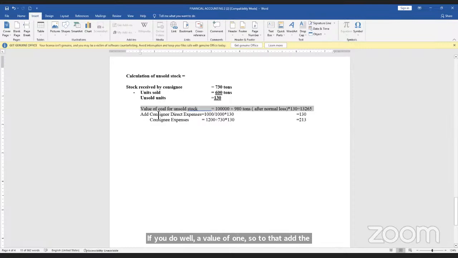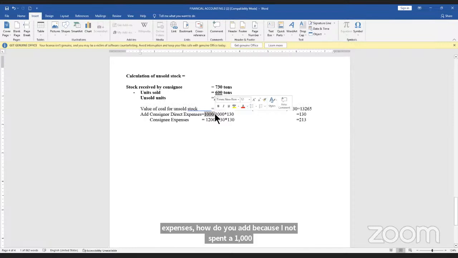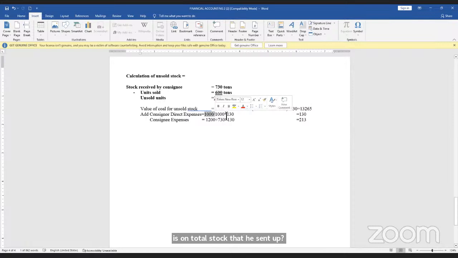How do you add? See, the consignor spent 1,000 rupees, the direct expenses on the total stock that he sent. But we need only the unsold stock. That is why the direct expense amount is divided by the number of units sent on consignment, into the number of units unsold.